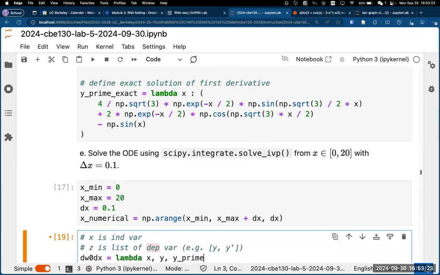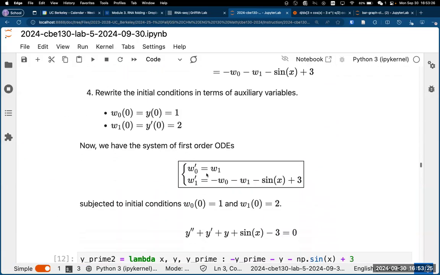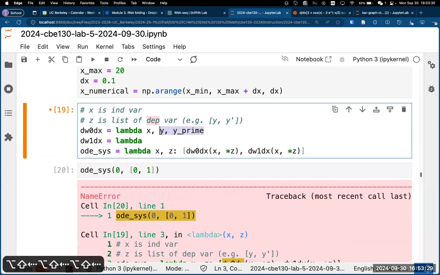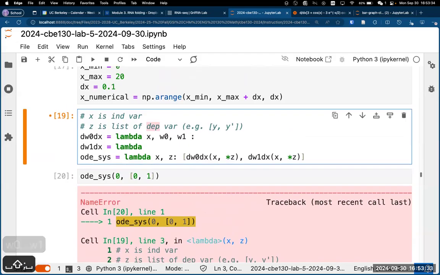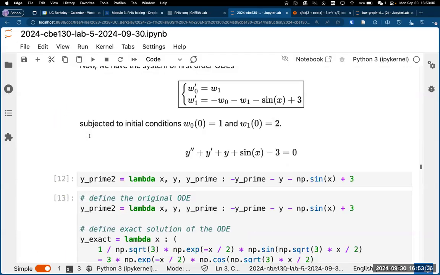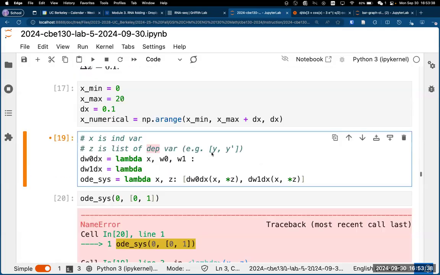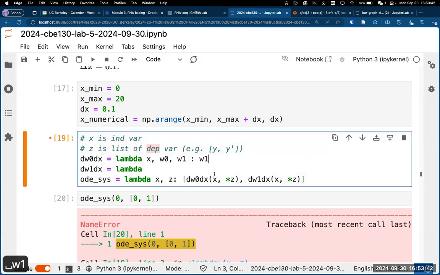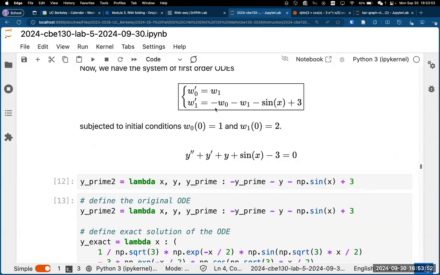But in our case, we have already rewritten them into W0 and W1. So let's write in terms of x, W0, and W1. And then the first derivative of W0 is W1. So just put a W1 here. And again, dw1dx should depend on the independent variable, W0 and W1. And the equation is here.